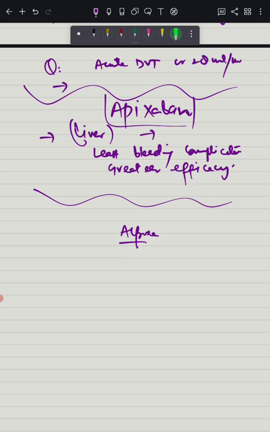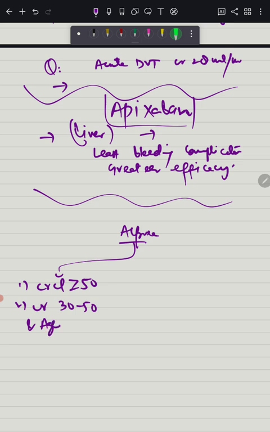So let us see, if creatinine clearance is greater or equal to 50, or creatinine clearance is 30 to 50 and age is less than 80, or weight is greater or equal to 60 kg. So this is first and this is second.